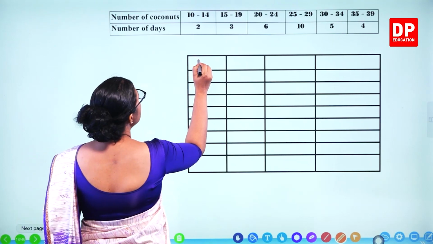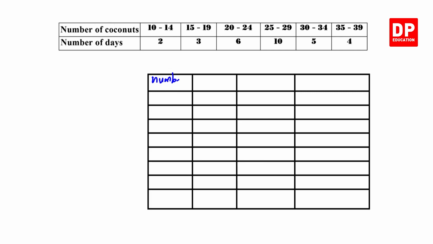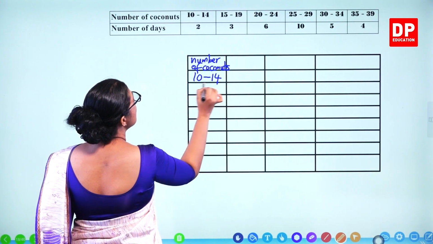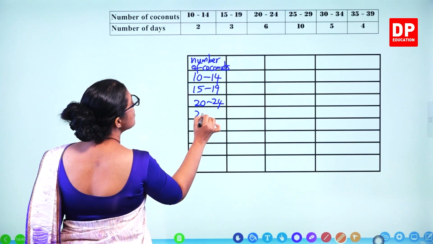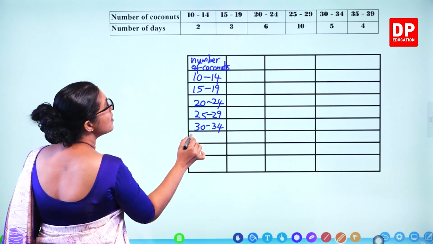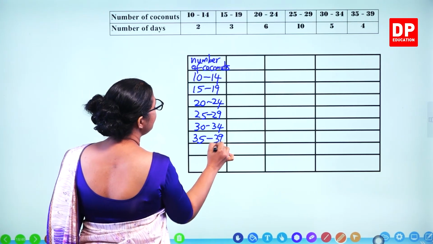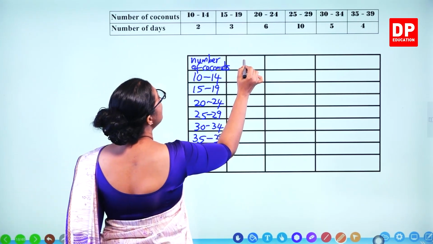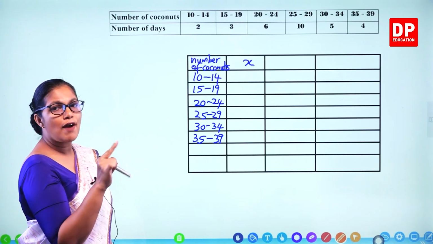So number of coconuts, that's x. 10 to 14, 15 to 19, 20 to 24, 25 to 29, 30 to 34, 35 to 39. And here you can find the midpoint. We'll take the midpoint as x, add and divide by 2.